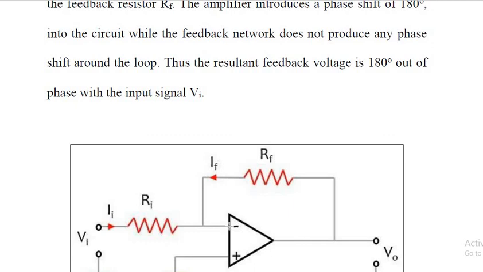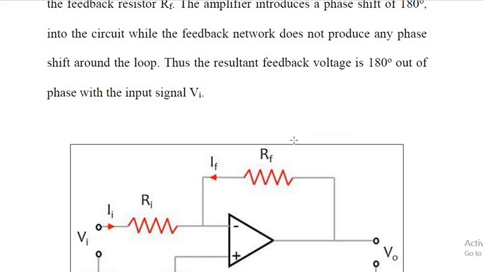The symbol for inverting input terminal is minus. So the output voltage is fed back to the inverting input terminal through the feedback resistor RF. Here the amplifier produces the phase shift of 180 degree, while the feedback network does not produce any phase shift. So the resultant feedback voltage is 180 degree out of phase with the input signal Vi.